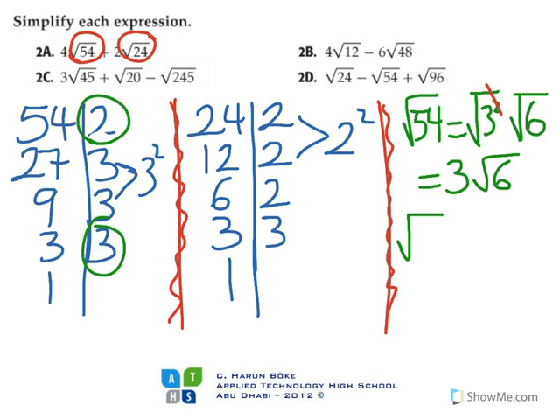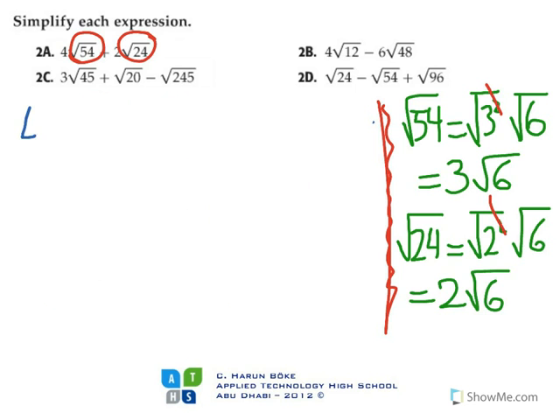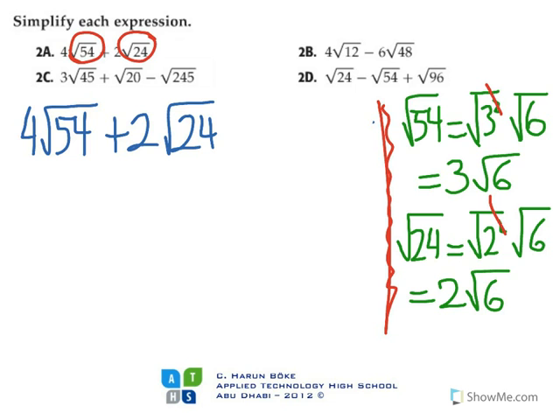Whereas for root 24, we have the square root of 2 squared times 2 times 3, square root of 6. So cancelling square and the square root, root 24 is as simple as 2 square root of 6. So instead of writing 4 times root 54 plus 2 times root 24, we are going to write their simplified forms.